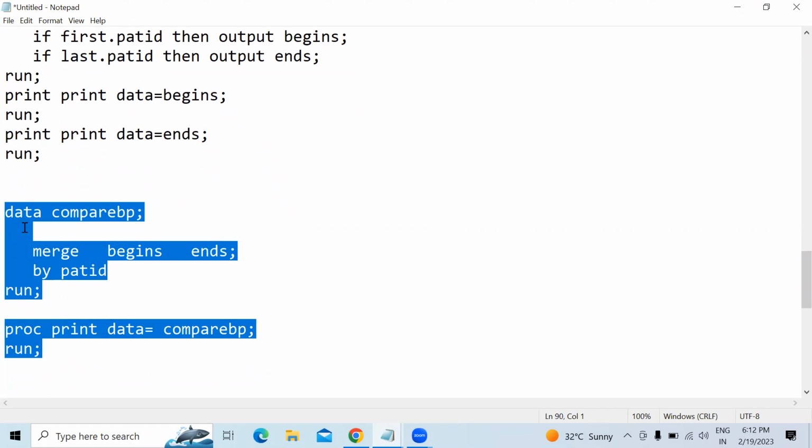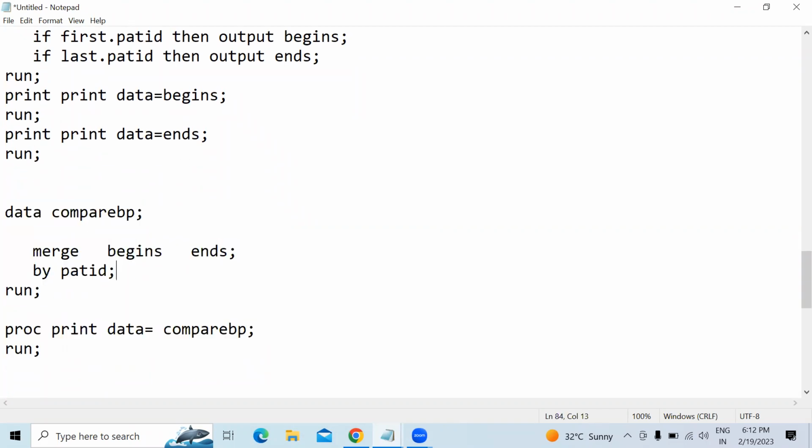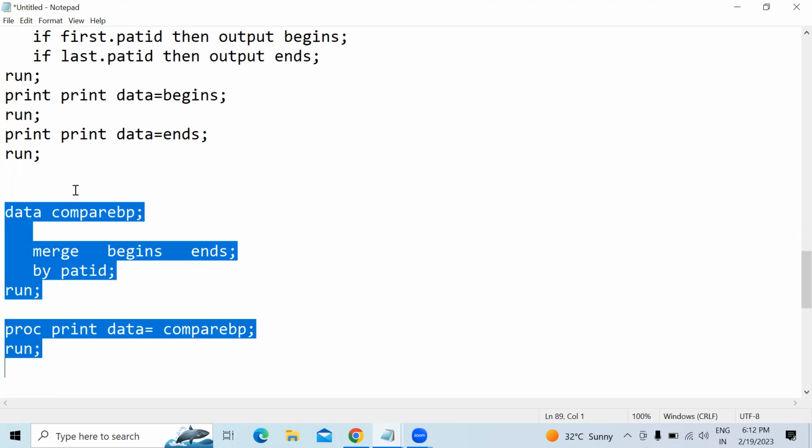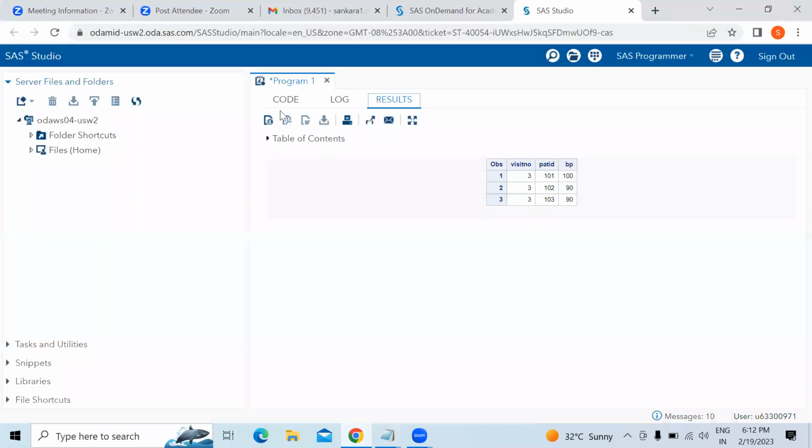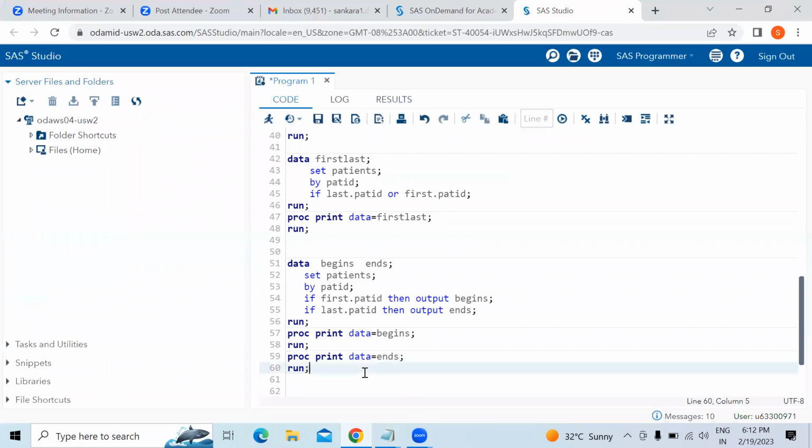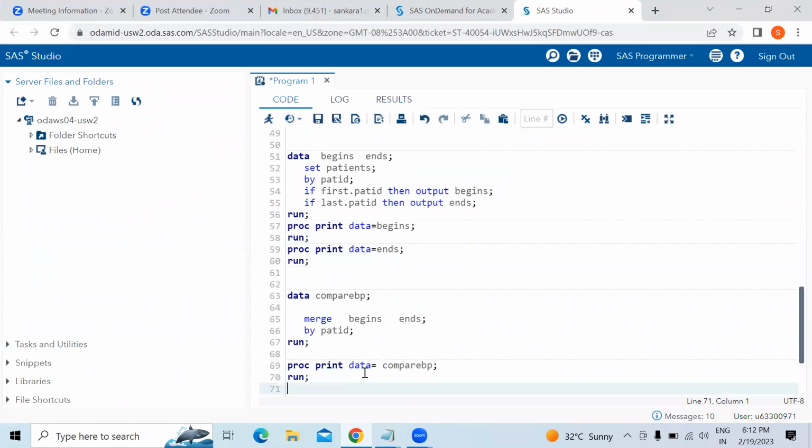Semicolon is missing. Yes, and the same part now. But when you merge like this, if both data sets have the same column, the right-hand data set will override the left.